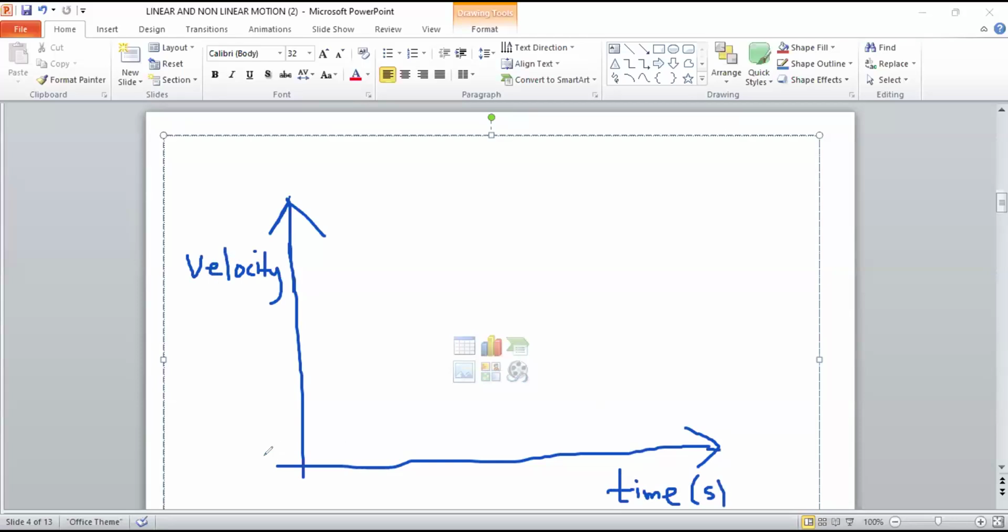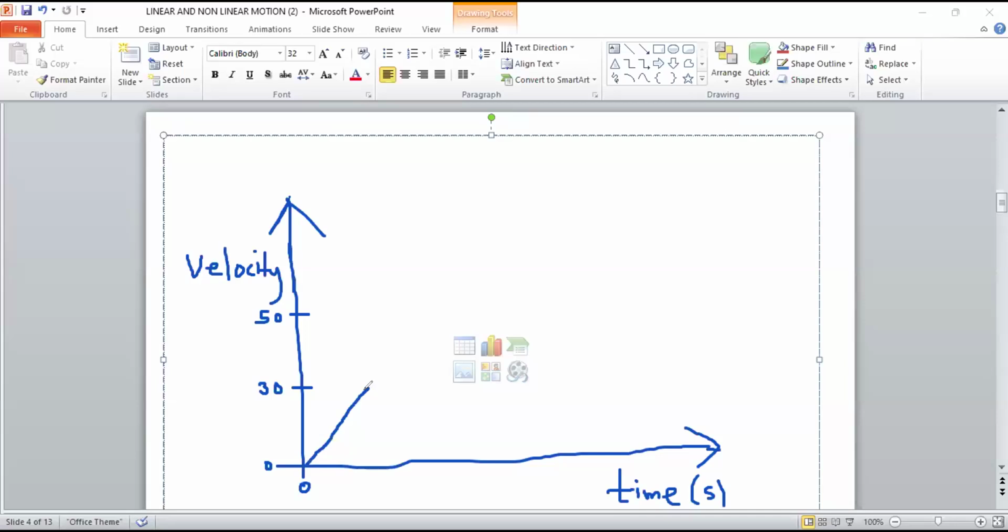So the question is speaking about velocities. We have rest, we have the 30, and we also have the 50. So they told us that our first motion is acceleration from 0 to 30.